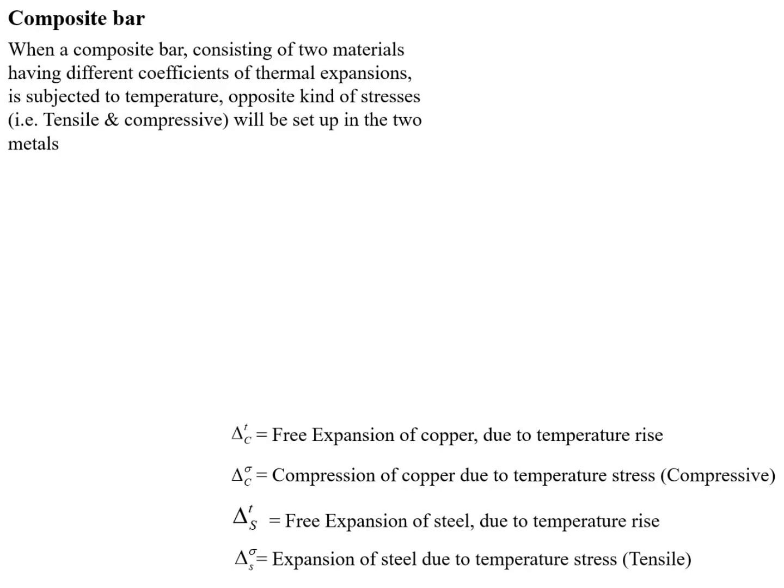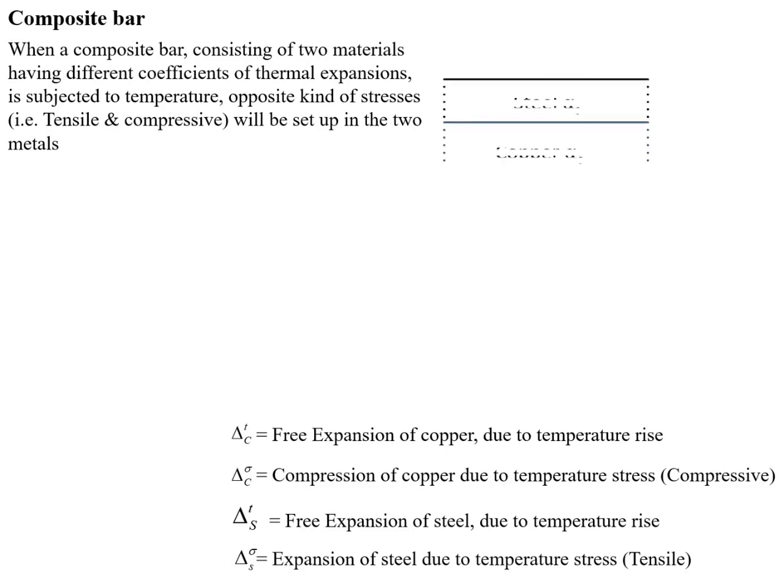Now see the temperature stresses in the composite bar. When a composite bar consisting of two materials having different coefficients of thermal expansion is subjected to temperature, opposite kinds of stresses will be set up in the two materials. Let's see the details.